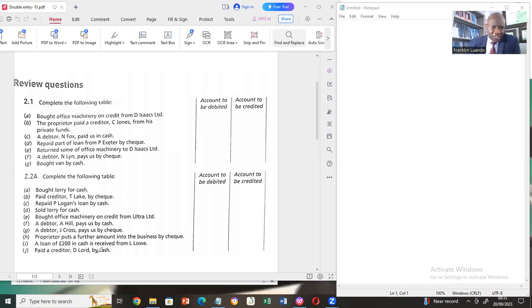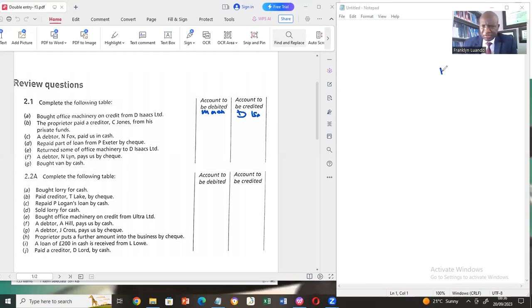Here we are receiving the office machinery, so you debit machinery. And who is giving? D. Isaac Limited.